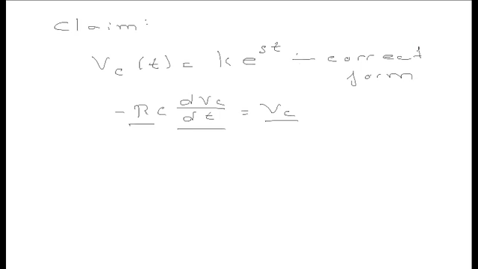So, we have these two unknown constants, k and s. We need to solve for them. Let's take a look at how we might be able to do that. Normally, there's a multiple step process. In this case, we're only going to be using 2 steps because we only have 2 constants. The first thing we'll do is we'll use our initial conditions.